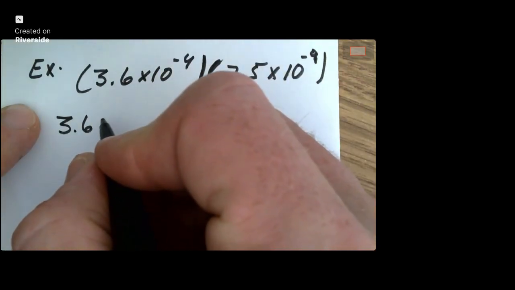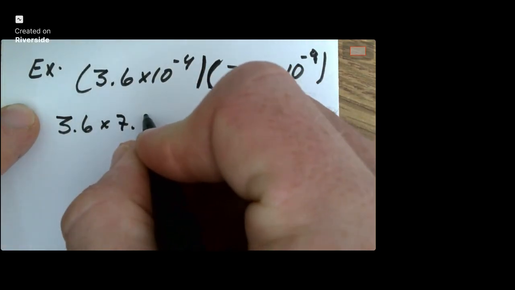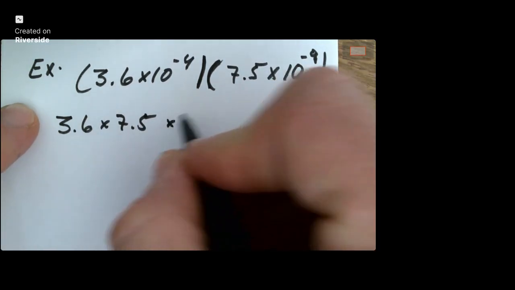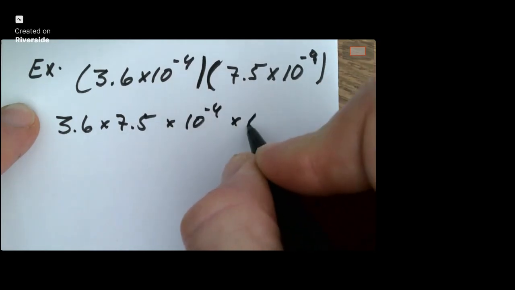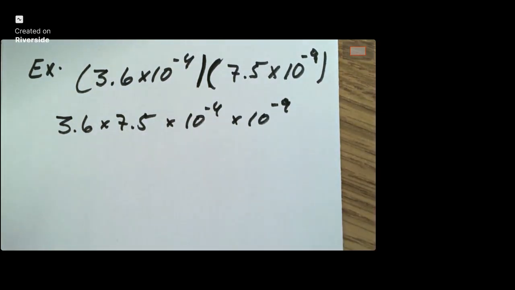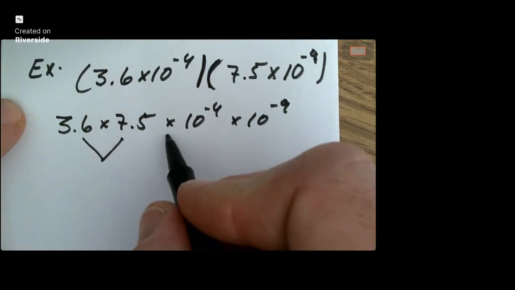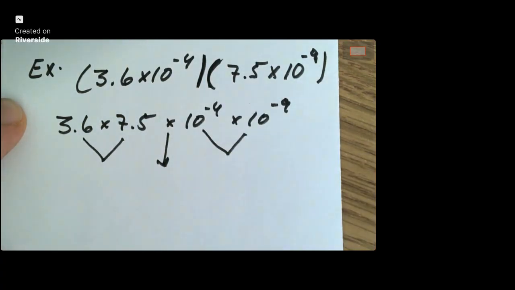I'm going to rearrange. I'm going to take 3.6 times 7.5. Since everything's being multiplied here, I can rearrange, and then I'm going to put my powers next to each other because we should be realizing that we can use our product of powers property there. So let's go ahead and multiply those. We'll carry that times sign down, and we'll go ahead and use our product of powers property there.